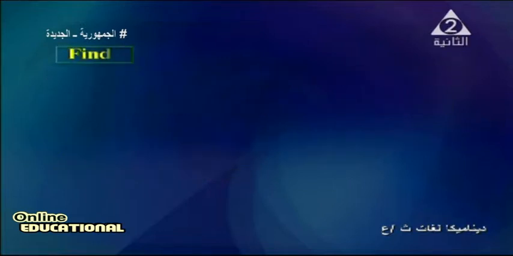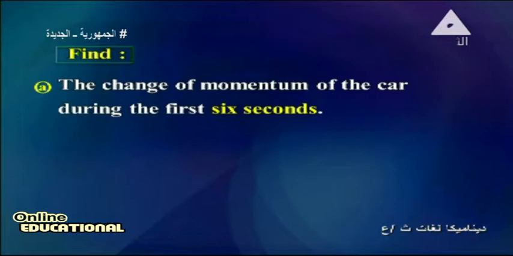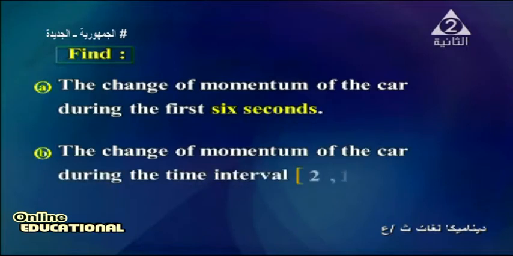Find, number 1, the change of momentum of the car during the first 6 seconds. Number 2, the change of momentum of the car during the closed time interval 2 to 14.